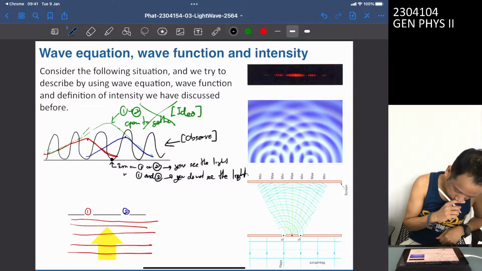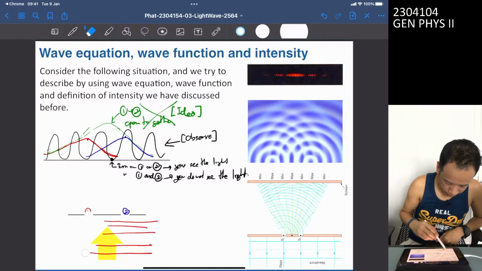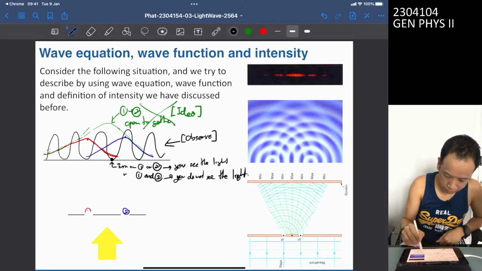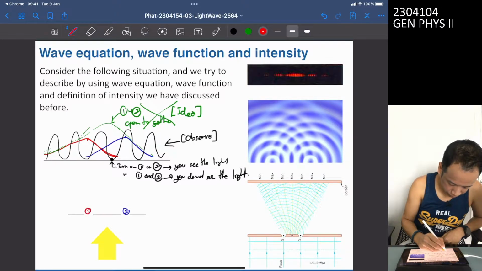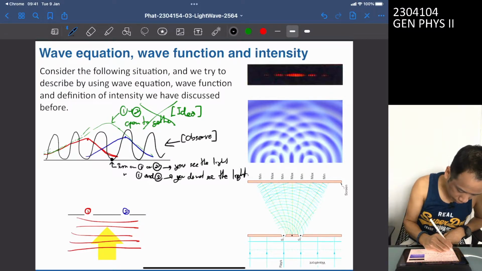Starting from the wave equation, let me clean up a bit. No, they're not needed, just keep it there. So consider the wave equation.